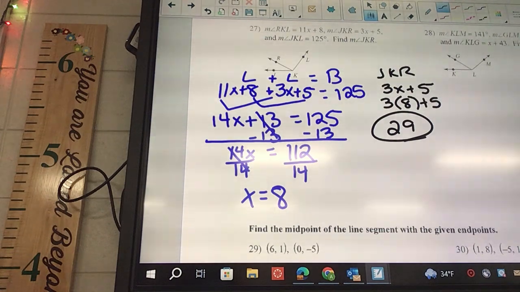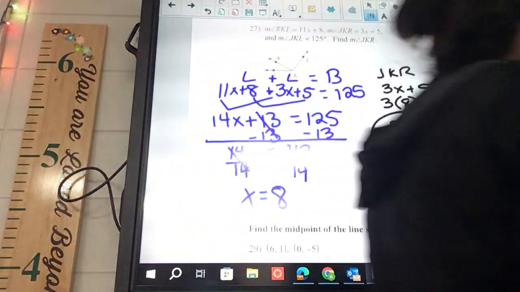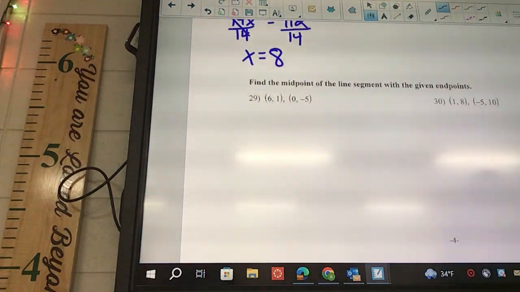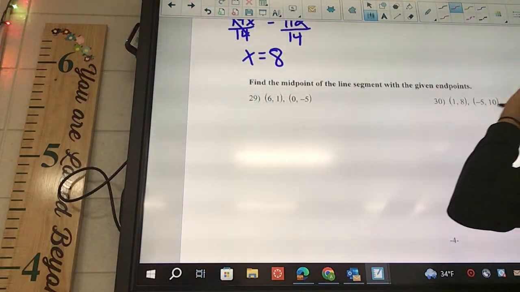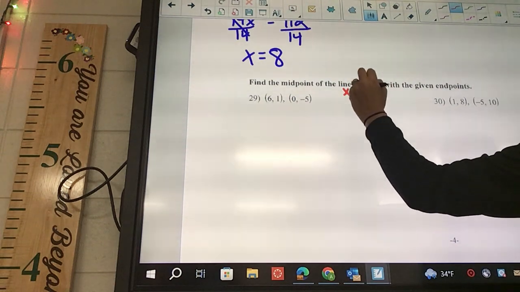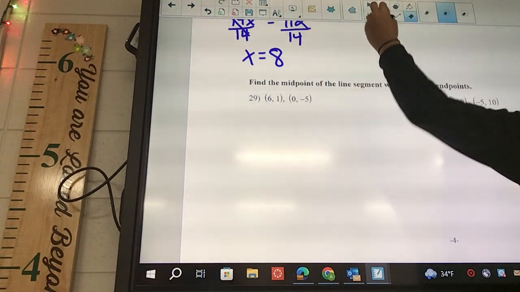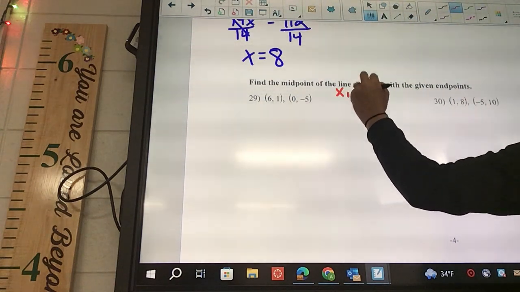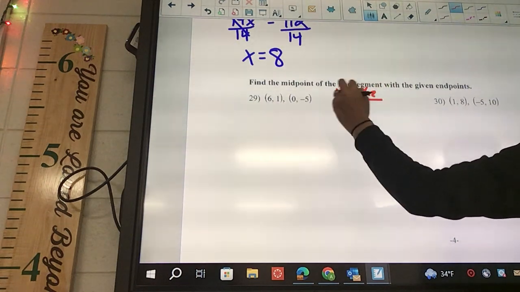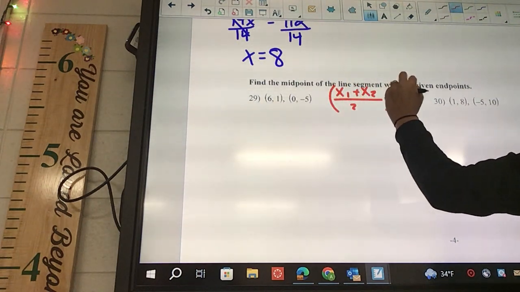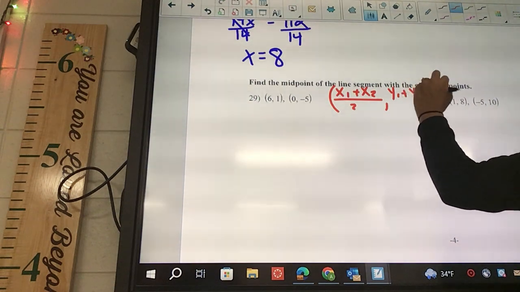We have about 10 left. Okay, 29. Find the midpoint. Here's the midpoint formula. It looks like this: X1 plus X2 over 2, and then Y1 plus Y2 over 2.